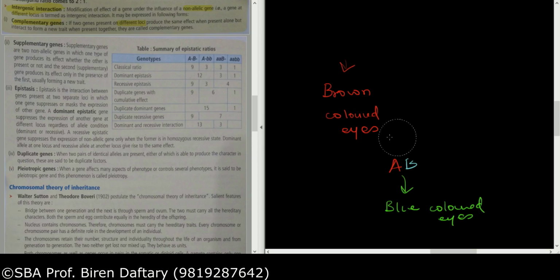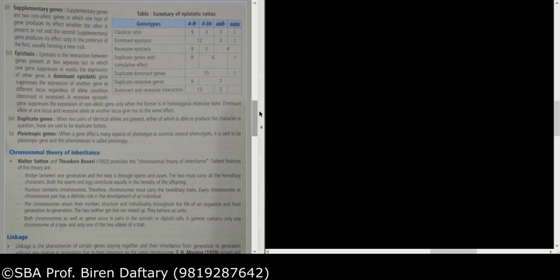Okay, now let us study the next type given in your book. So I will just scroll this down. Next is supplementary genes. What is the meaning of supplementary? Supplement means to help or to add. Now what are supplementary genes? I will first explain, then you can read. Again, since this is intergenic interaction, the two genes are non-allelic, present on different loci.